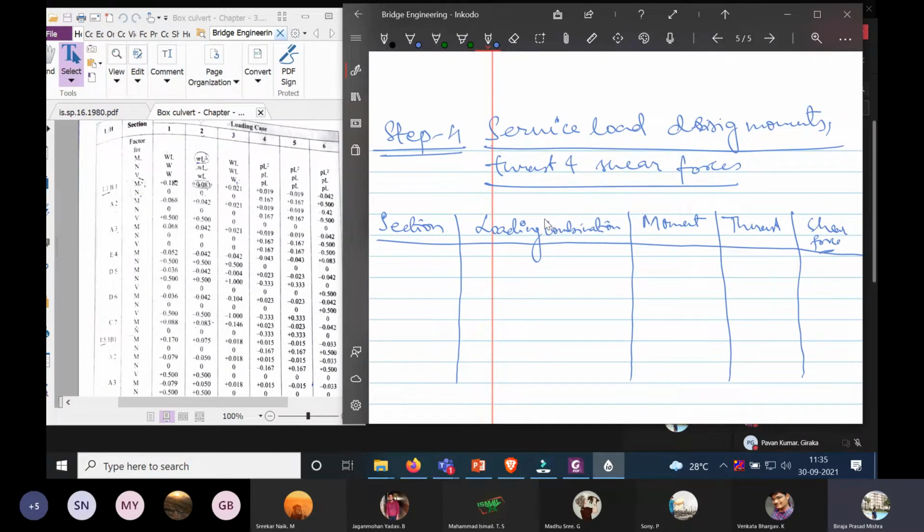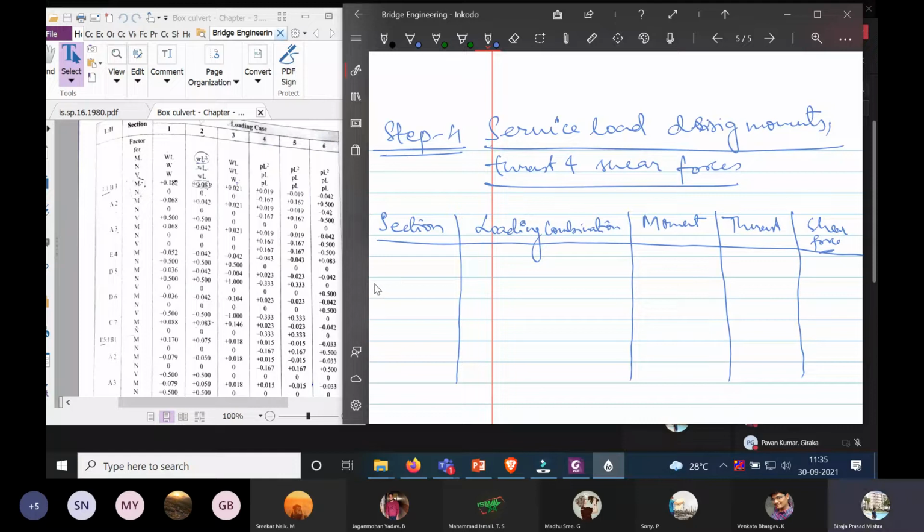Okay, so here we will only go for the calculation of the following sections. Okay, now what are those sections? Please write down this one.